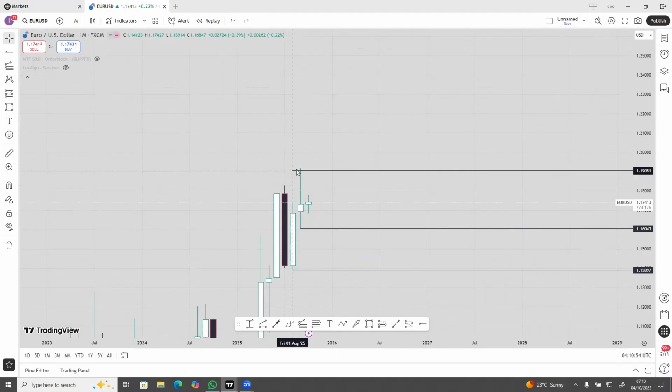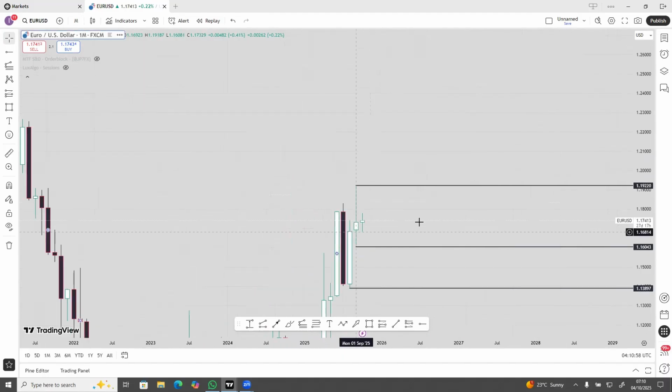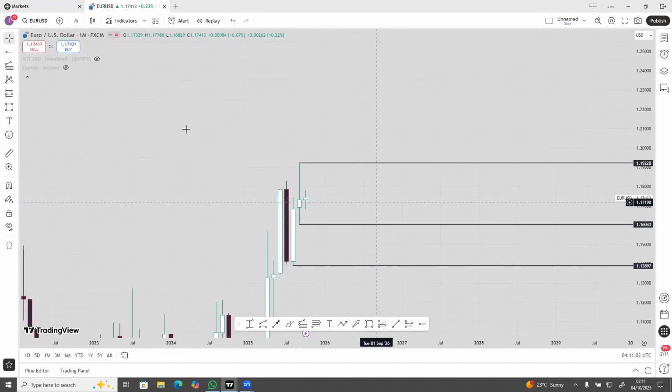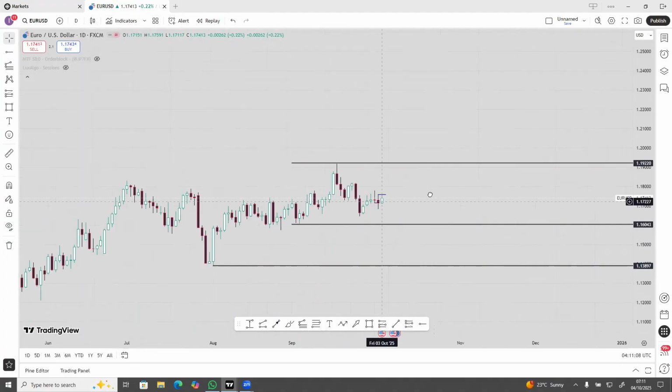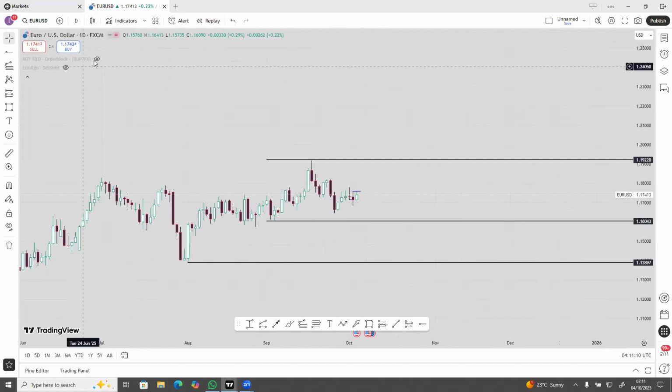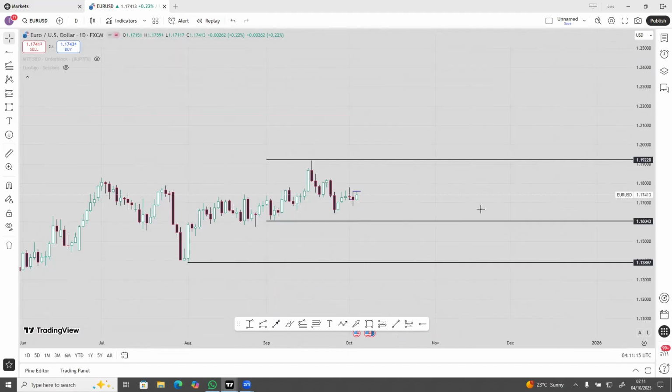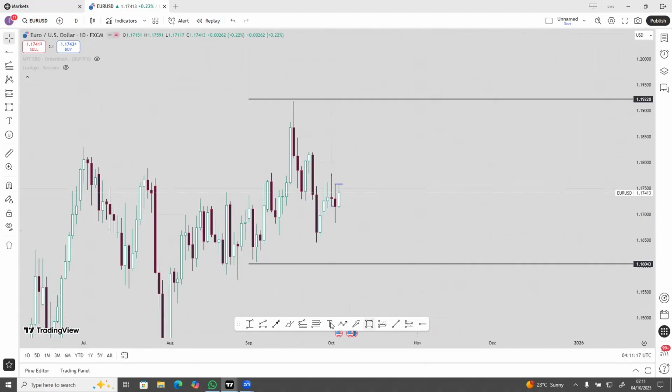We can mark the September range, and we can find premium and discount on that particular range, and then we can get a clear point to sell Euro USD from. Okay, we can shift to the daily time frame, and you can divide into premium and discount.